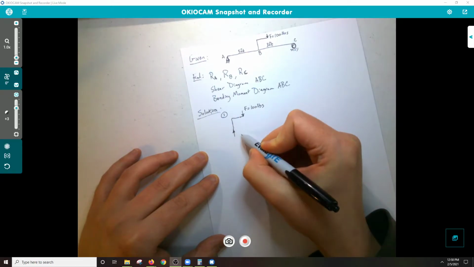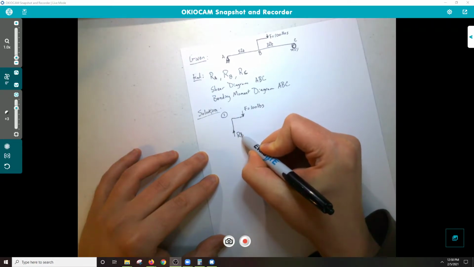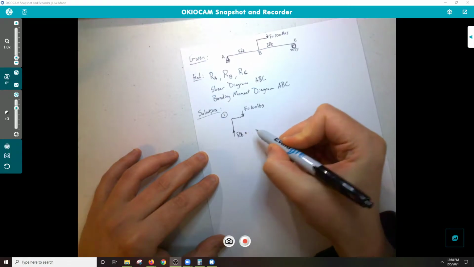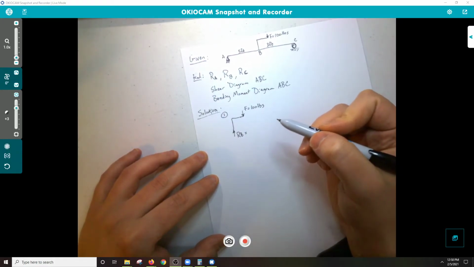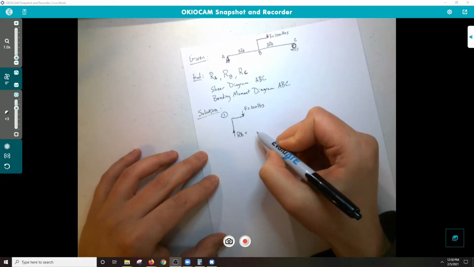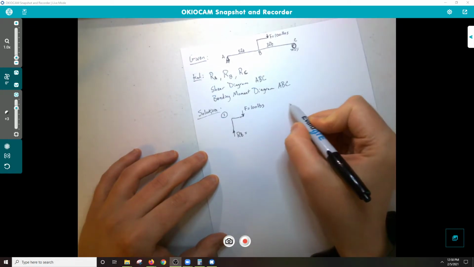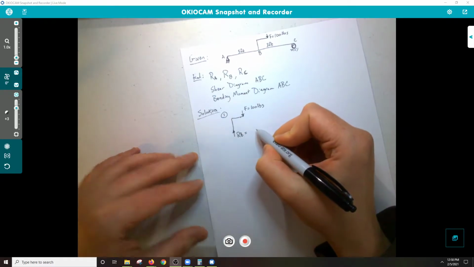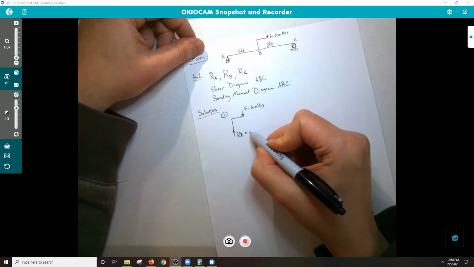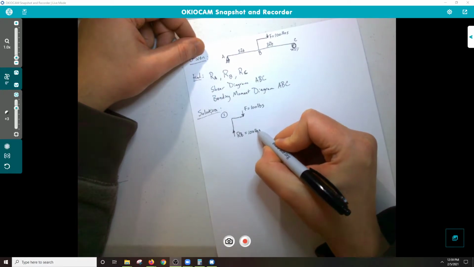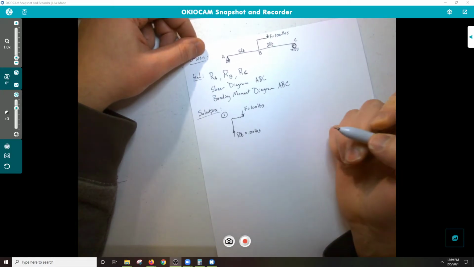The reaction here at B, well, it's going to be 100 pounds, right? There's no other forces there. I'm going to write that, but I'm also going to write out the equilibrium equations here. But I'll show why we can say that that's 100 pounds.